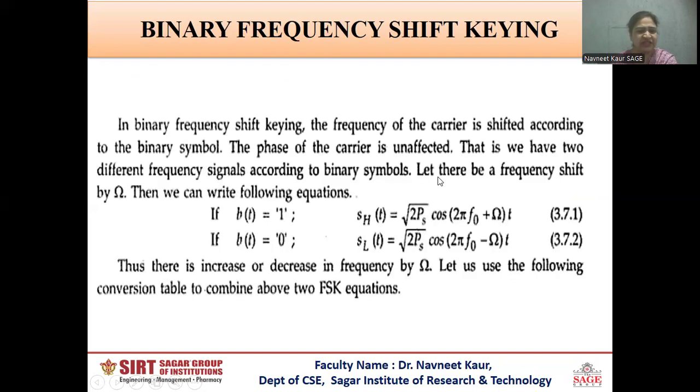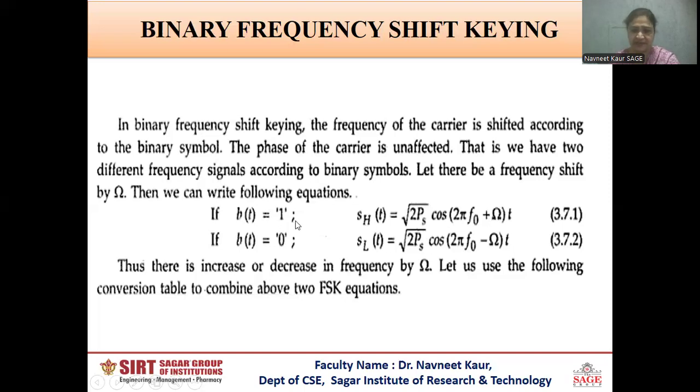Since there is change in the frequency, when message is 1, the original frequency was 2 pi f naught, but for message 1, the frequency will be increased by some amount which I have represented here by this symbol omega. Whereas when message is 0, the frequency, instead of being increased by omega, will be reduced by the same amount. So here I will have a minus sign in place of the plus sign.